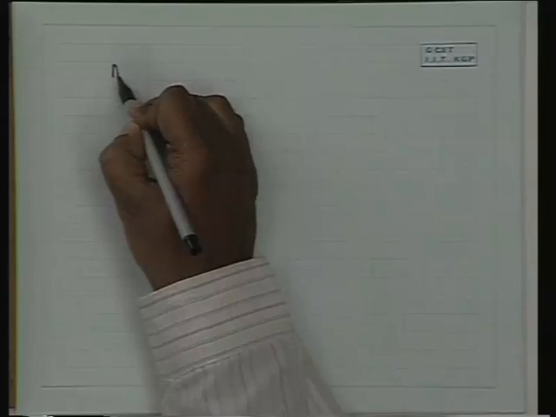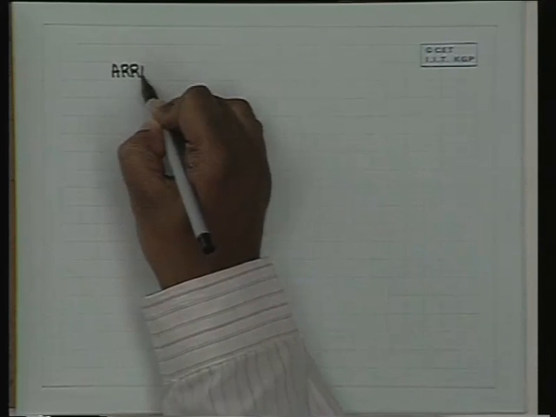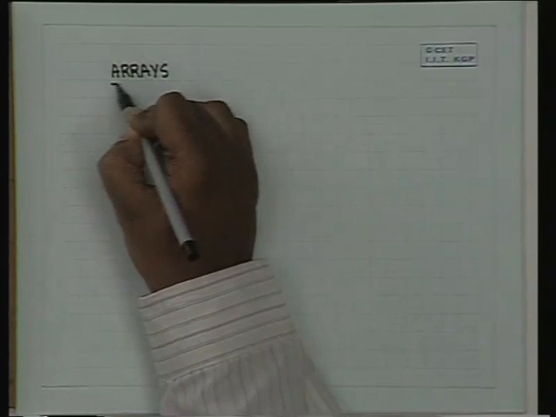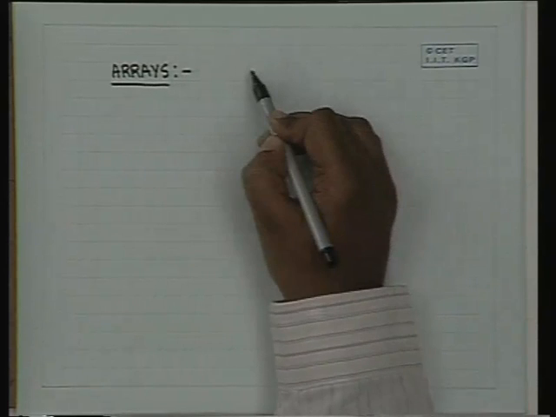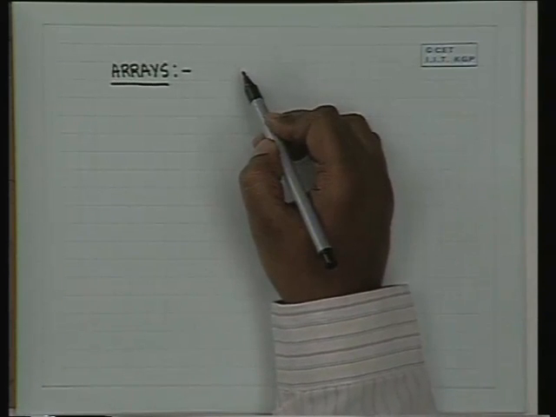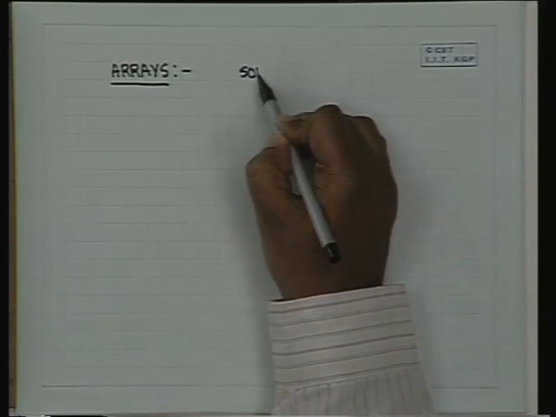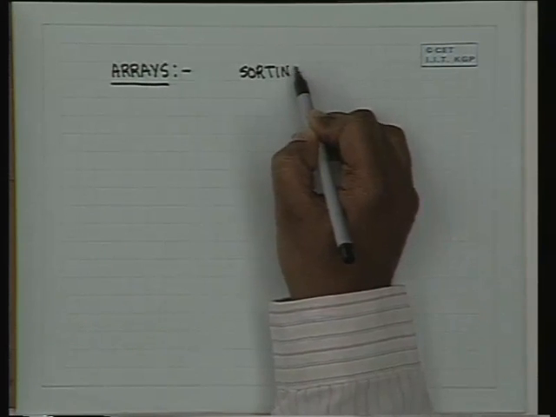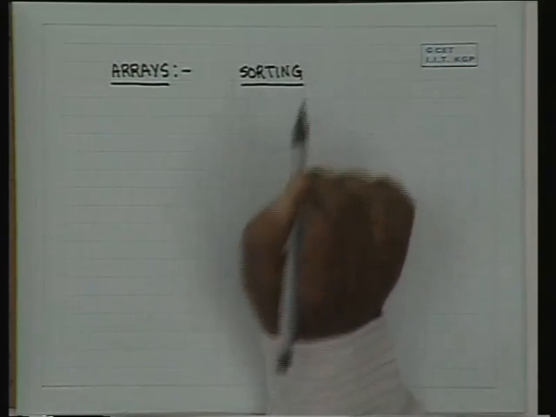And one of the classical examples of using arrays is sorting. So we will take up an example of sorting, a simple exchange sort, and see how we will use arrays.